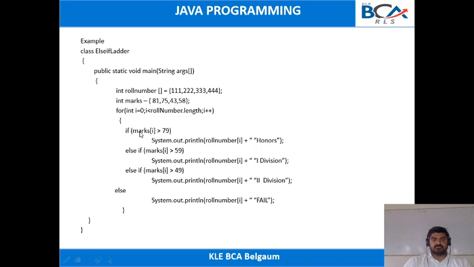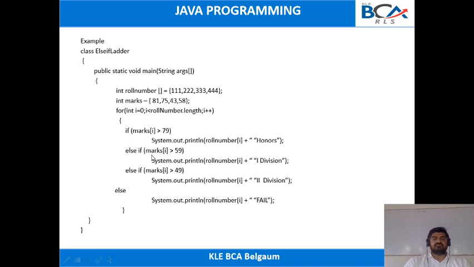This marks[i] is an array element which holds the student marks. If the marks are greater than 79, we display the student roll number with the message honors. Suppose that this condition is evaluated to false, next it will go for the next condition.